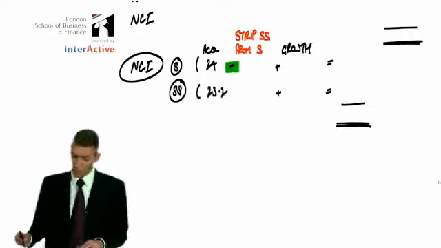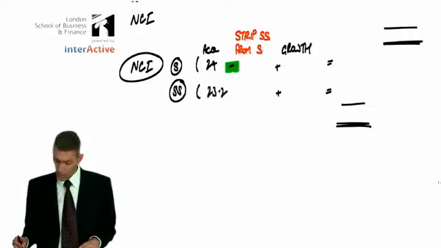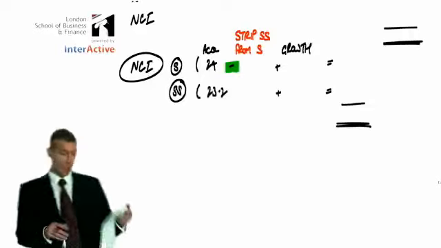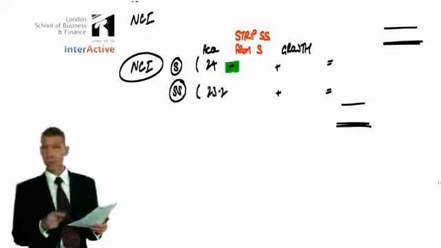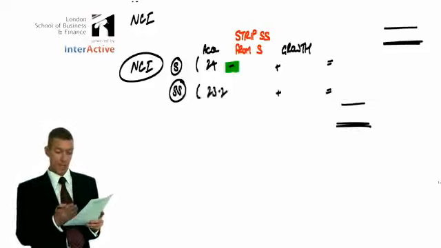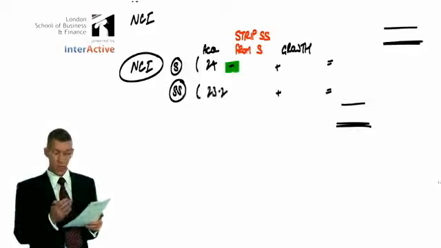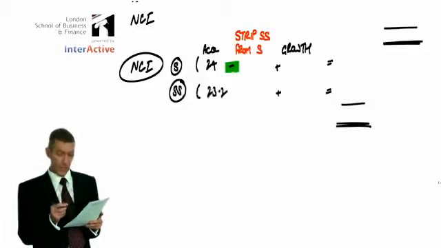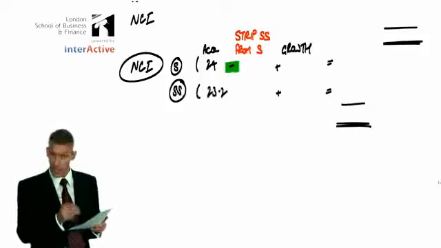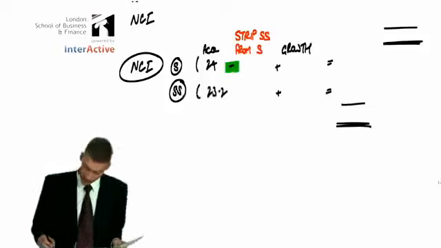But that 24, do you see that 24 there? That 24 there, which is the ownership of the non-controlling interest in S, includes the non-controlling interest ownership in SS, the 50.